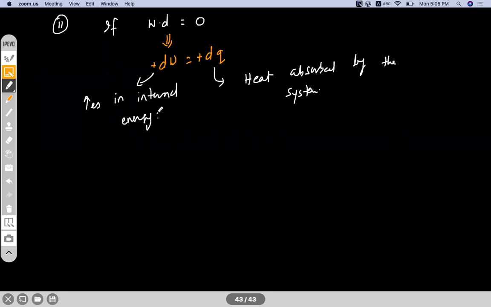If internal energy decreases, then heat is lost by the system, to maintain 0 work done. Understood? Yes, understood.